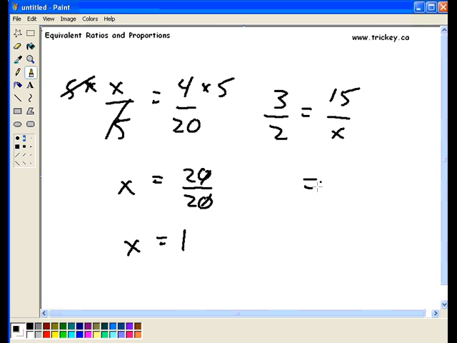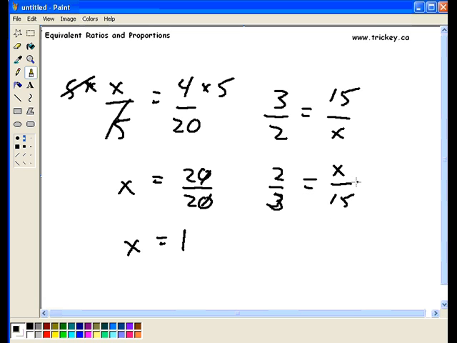I can flip it as long as I do it to the other side, because whatever you do to one side, you do to the other. So if I flip the fraction on the right side, I have to flip the fraction on the left side. So 3 over 2 becomes 2 over 3. Now my x is upstairs and it's easy to work with.